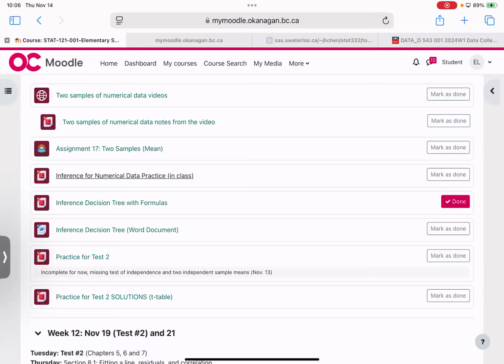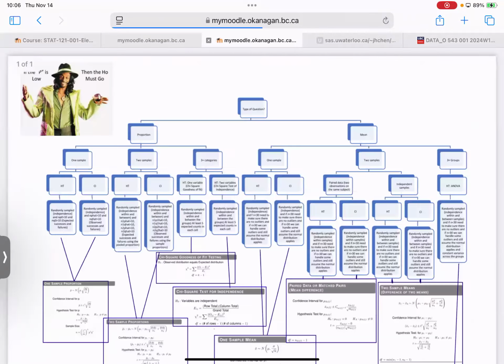We're not going to do that in this course, but I think you've got the skills and you can plug through it as a bonus assignment. So I'll post that. But I also posted this inference decision tree, because although we'll see a little bit more inference in regression when we do lines of best fit, this is kind of the end of the meat and potatoes of inference. So congratulations, you did it.